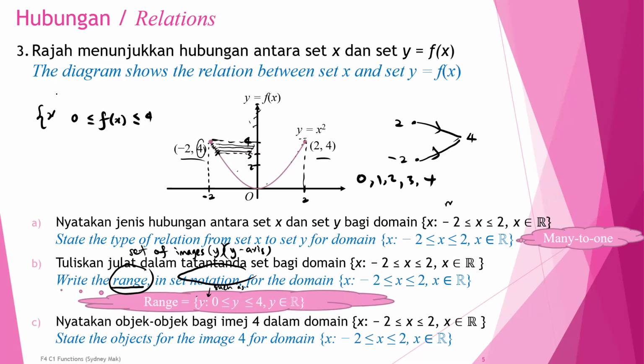Consists of the y values such that y in between 0 to 4. So if you are looking for range, you look at the corresponding y value, go to the maximum and also go down to the minimum. So our range will be in between the minimum and the maximum.